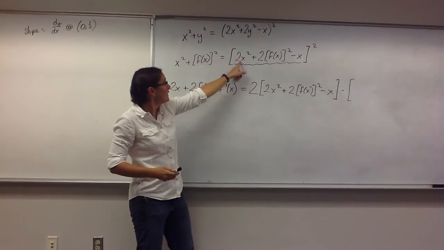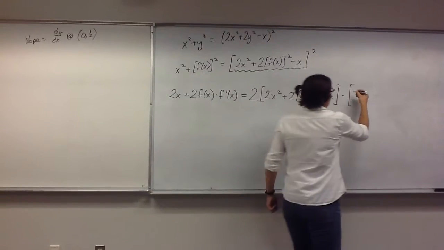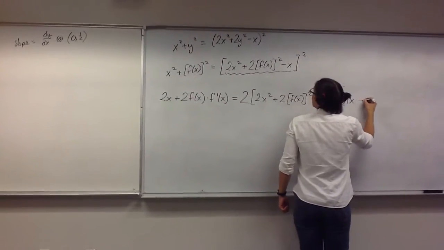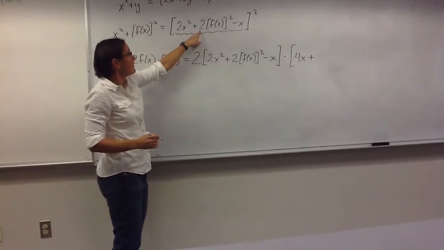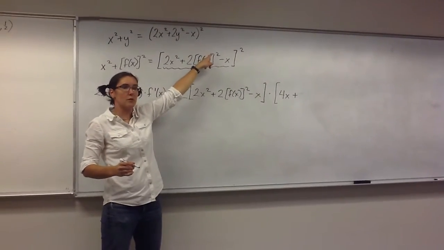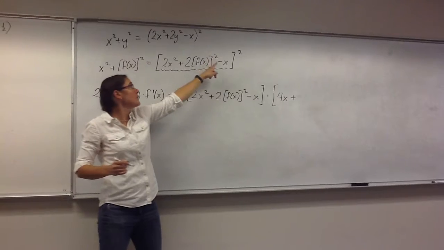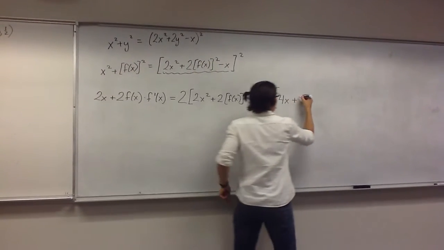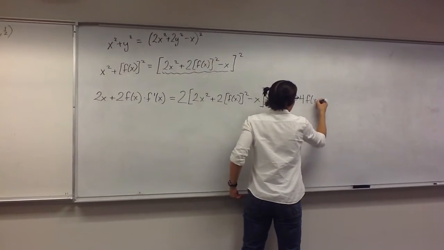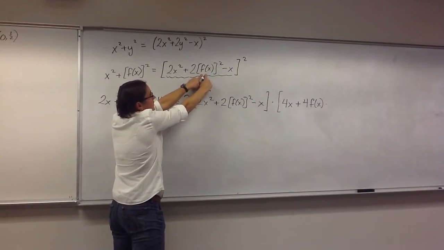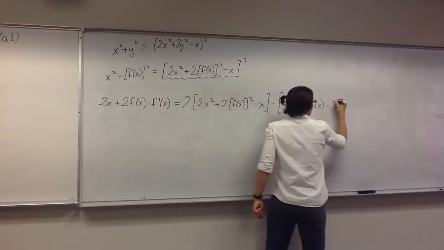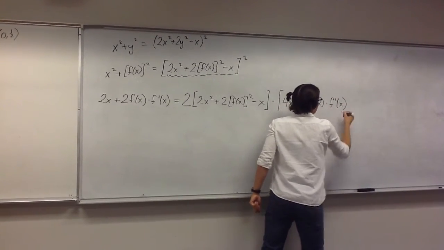So the first one, 2x squared, its derivative is 4x. Plus, okay, my second term, I've got 2 times f of x squared. I'm going to have to apply the chain rule here, so I bring that 2 down in front. And I've got 4 times f of x, so derivative of the outside, keeping the inside the same, times the derivative of the inside, so times f prime of x.